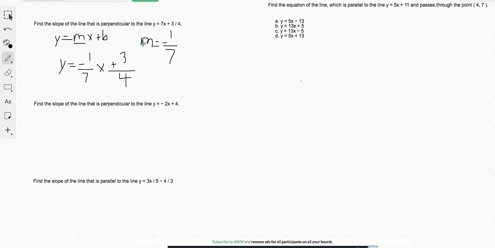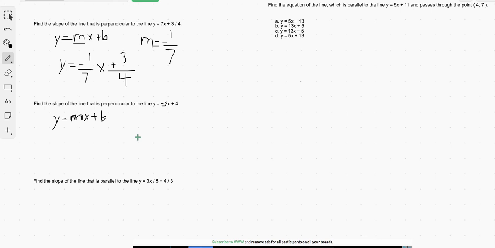Kind of easy. So here we go again. y equals mx plus b. So y equals minus 2x plus 4. So the slope is minus 2 right here. So what is the opposite of minus 2? It's minus in the question, so you have to make it plus.